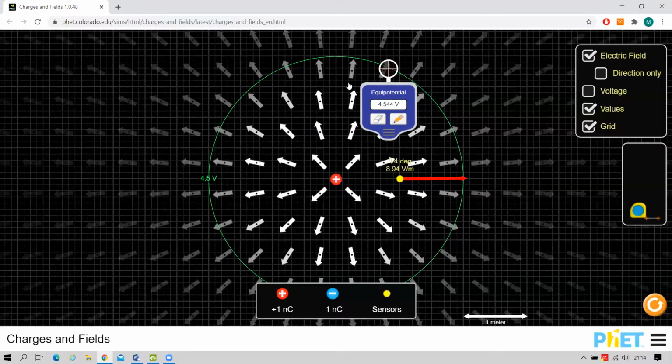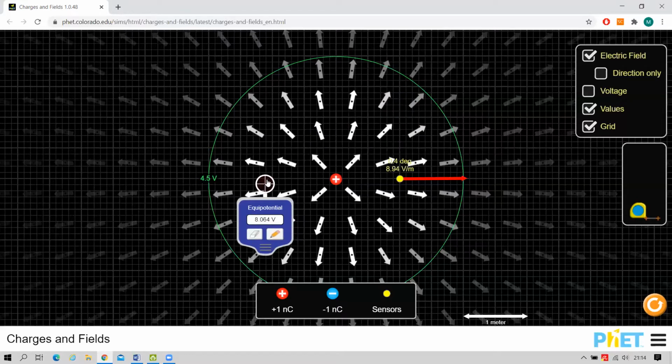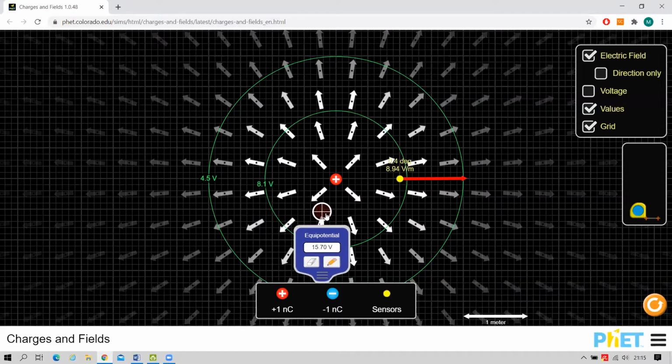The equipotential line also shows the value over here, 4.5 kilovolts, because I checked the values over here. If you go somewhere else and press the pencil button again, you will see another equipotential line appear.